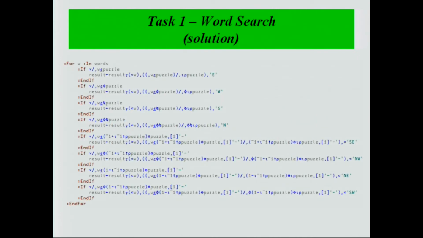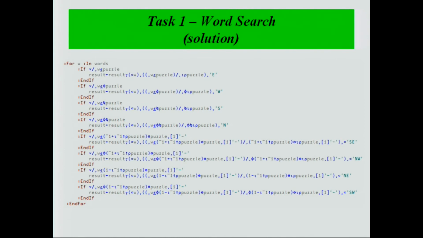And what's the solution? This solution was really strict and very straightforward, I think, because there is a loop for each word in our word list, and we check if this word is contained in this direction for every word.